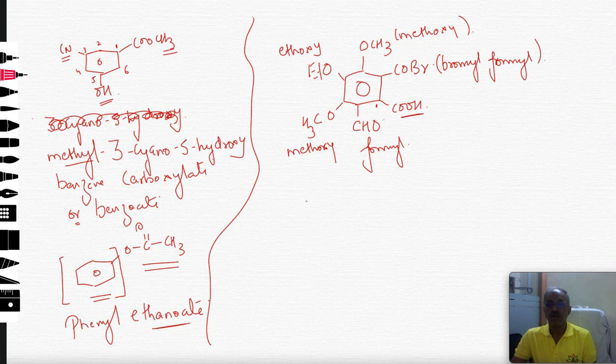Now, the numbering we have done. Since bromine, B, comes first alphabetically, the numbering has to go like that. From here the branching, from here also second position branching, here also second position branching. But if both the branchings come at the same position, then we have to go to another differentiating factor.